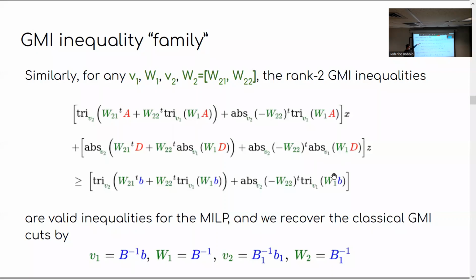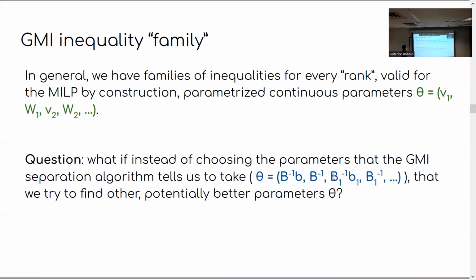It's ugly, but I can see my rank 2 GMI cuts as just a specific choice among a larger family of valid inequalities. And in general, I have this for every rank, and you have these families of valid inequalities that are parameterized by continuous parameters v1, w1, v2, w2, v3, w3.